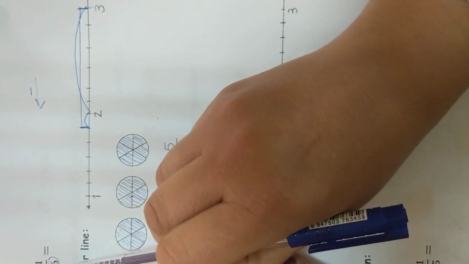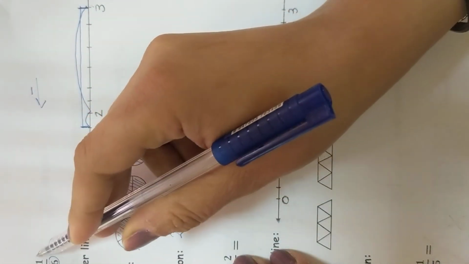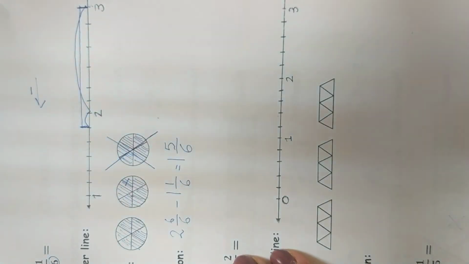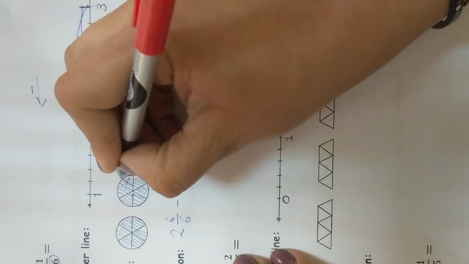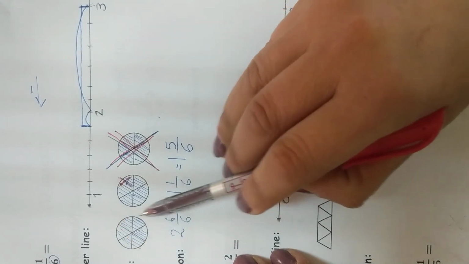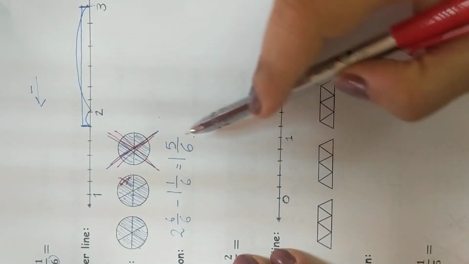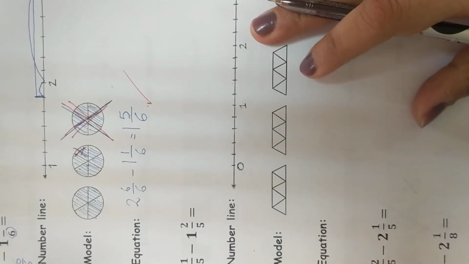So I will subtract first 1, all of it, and 1 part out of the 6 parts. Let's do it with another color. I subtract 1 and 1 over 6. So the rest will be 1 and 1, 2, 3, 4, 5 over 6, which is the answer here, so it's right.